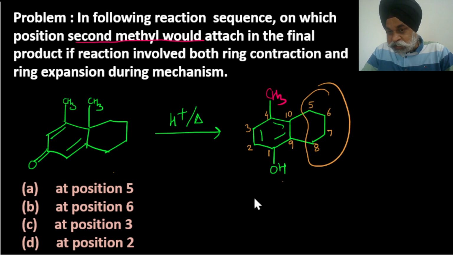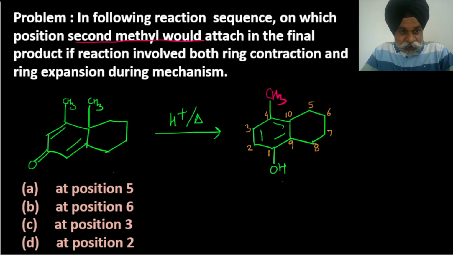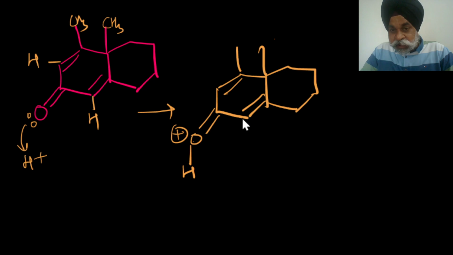So I can simply rule out a few options. Okay, let me do it first and then we'll see the discussion. So here what I could see next is that either I can bring it this way, one style could be this way. This is nothing but a resonating structure. Or the other way around, you can go like this also.